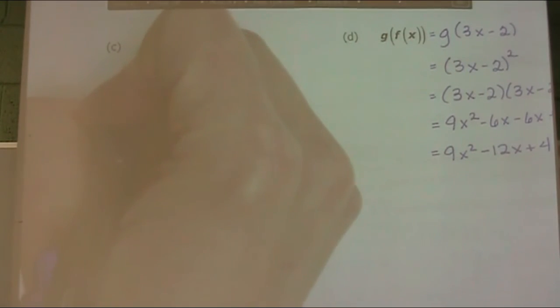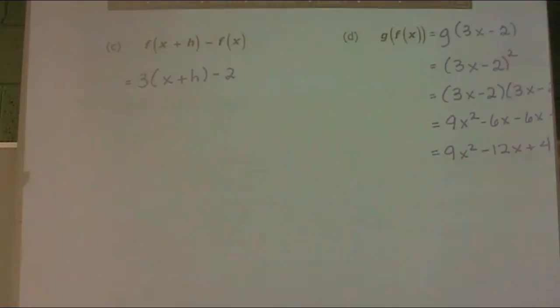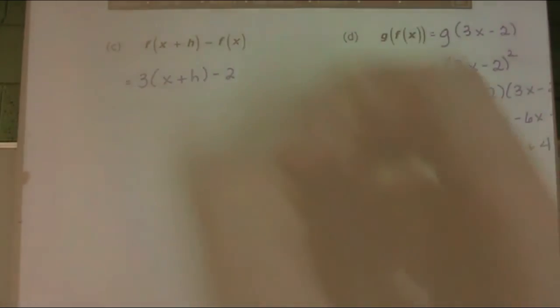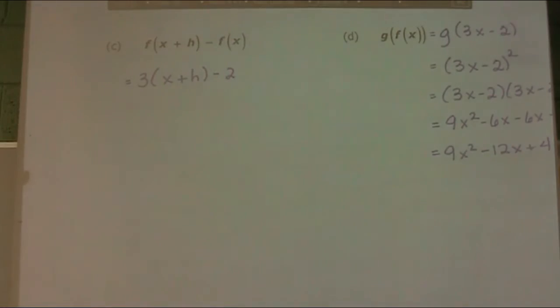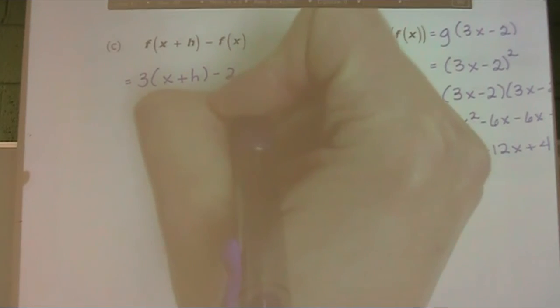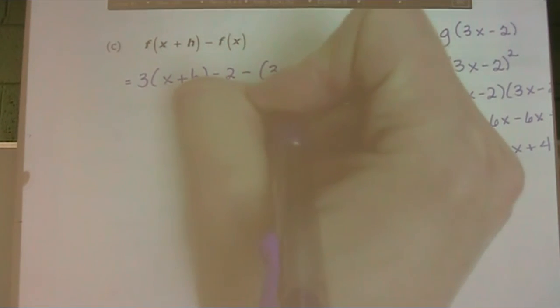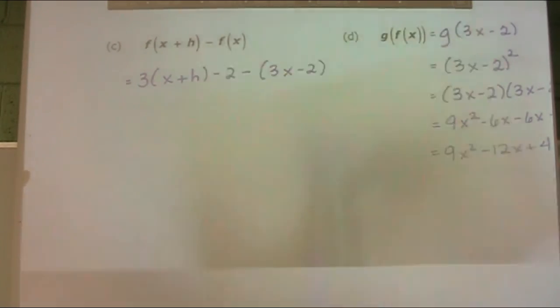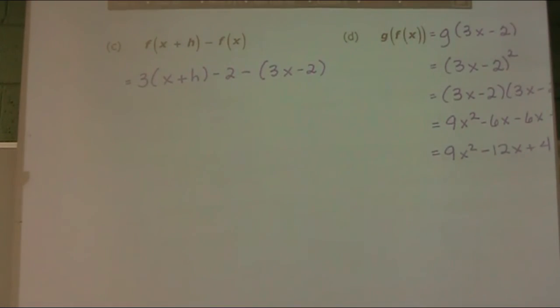We've got 3 times x plus h minus 2. Now we have to subtract f of x. All right? But here's what you want to do. You want to put it in parentheses so that you are distributing that subtraction. So minus 3x minus 2. All right?